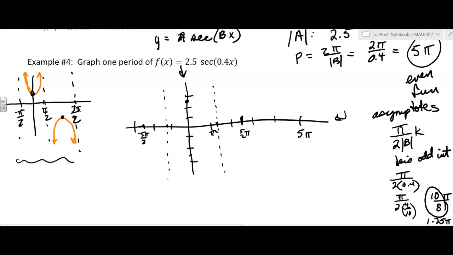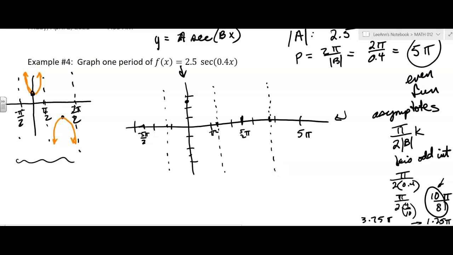And then you'd have to go another 1.25 pi. I mean, you could think about multiplying this by 3. So, well, let's just do the decimal. So 3.75 pi. That's going to be the next asymptote to the right. Okay, so here I am at 1, 2 pi was right there, 3 pi. So 3.75 is going to be about there. Okay, so that gives us some asymptotes.